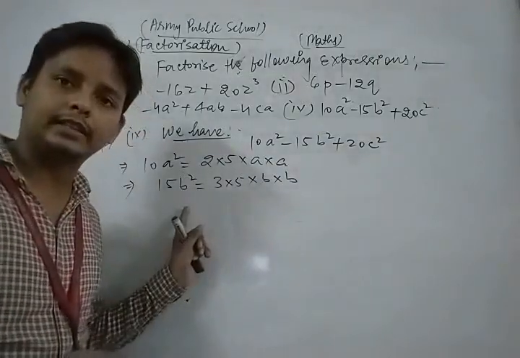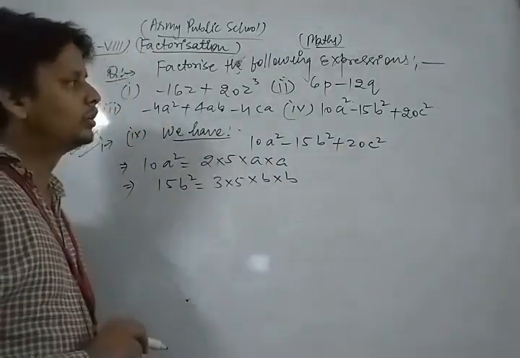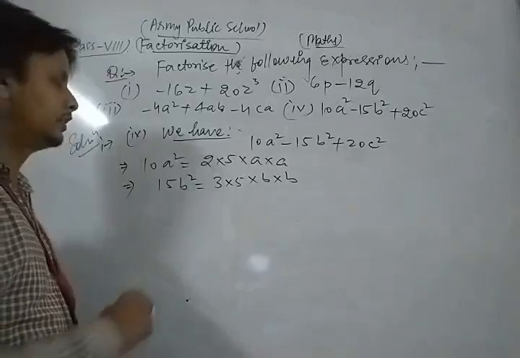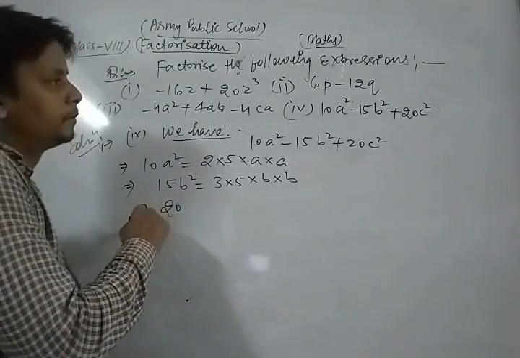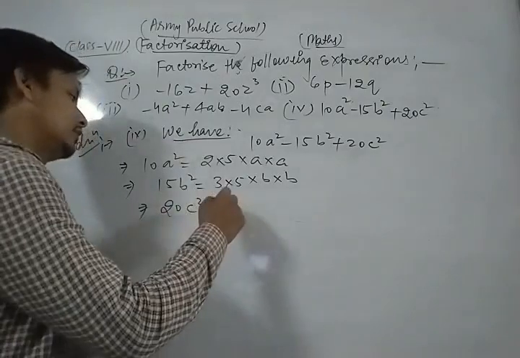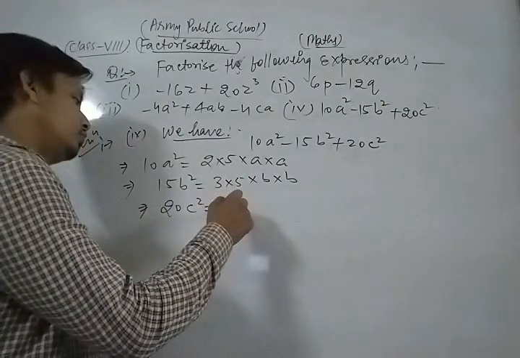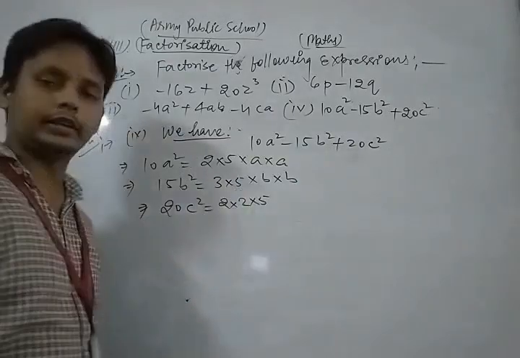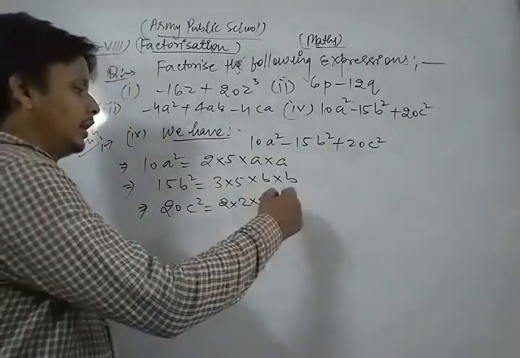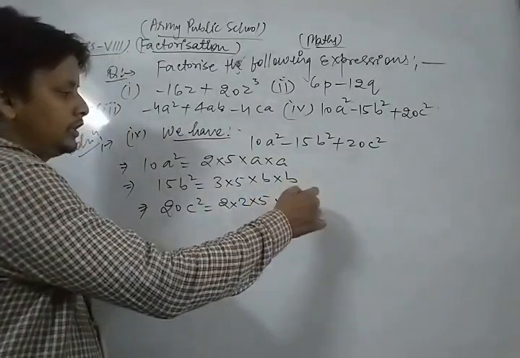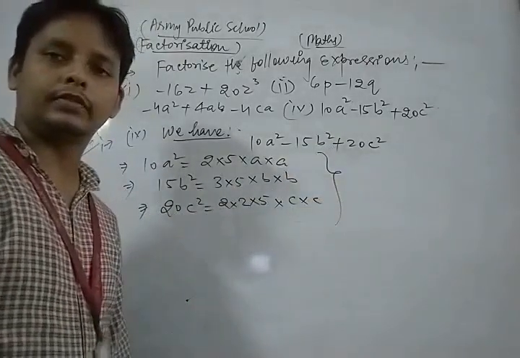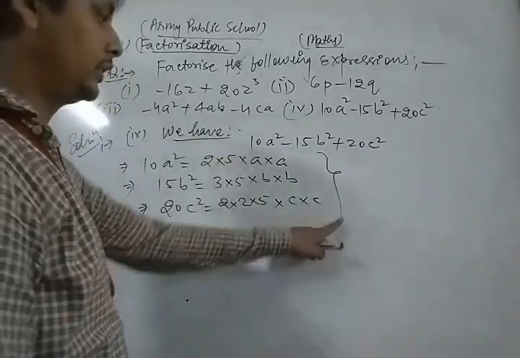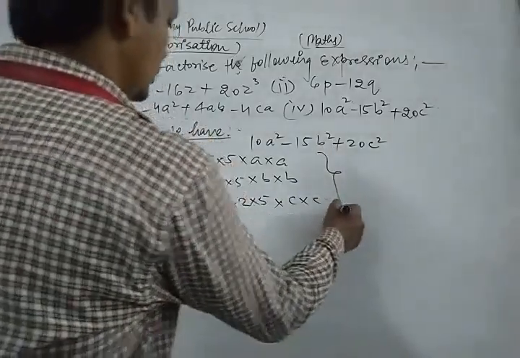And in the third term we take 20c square, so we write 20 as 2 into 2 into 5, and c square is c into c. So in this way we factorize each term of the given expression.